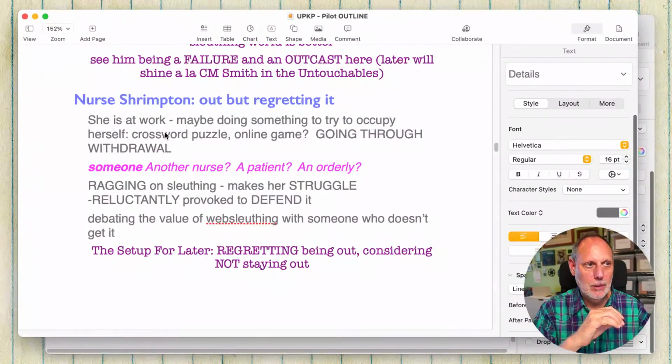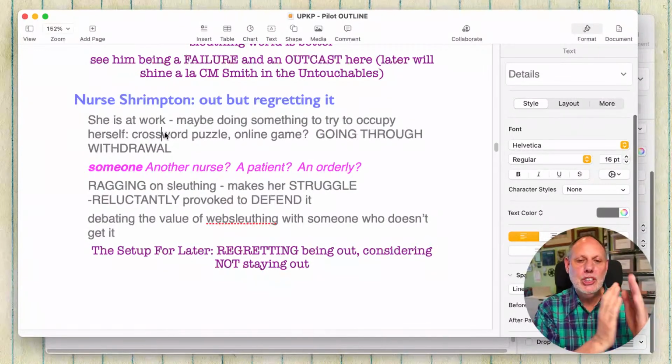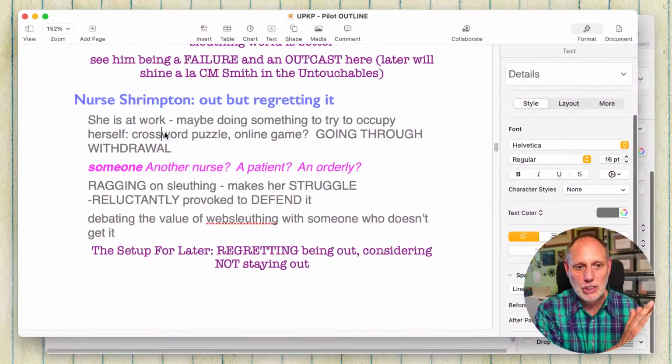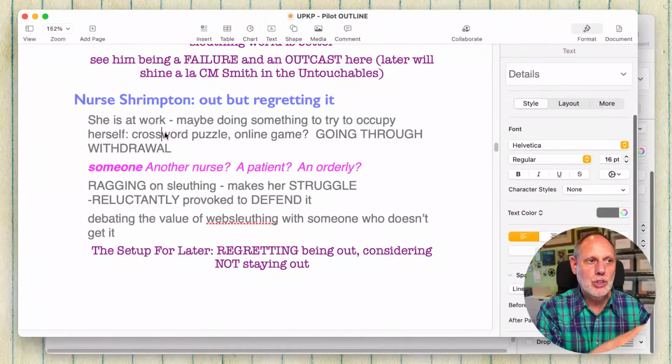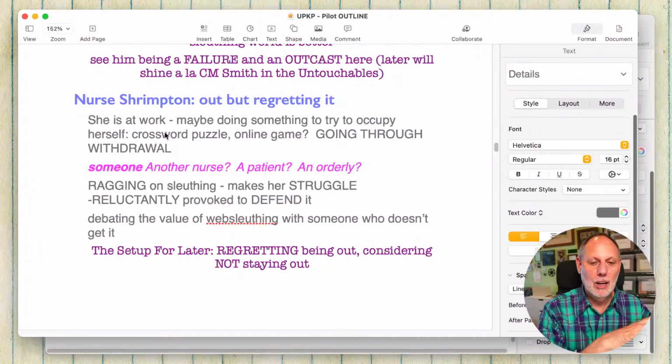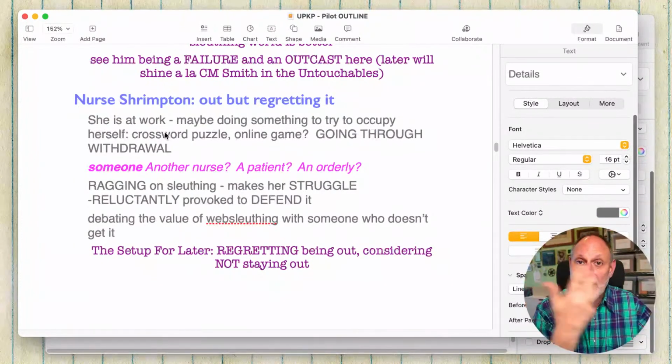The thing that we know is that she has left the group. She has left the group because it got too serious, and she didn't want it to be a serious crime hunting thing. She wanted it to be a fun escape. And I wanted someone to sort of attack it, and in thus doing, make her defend it.